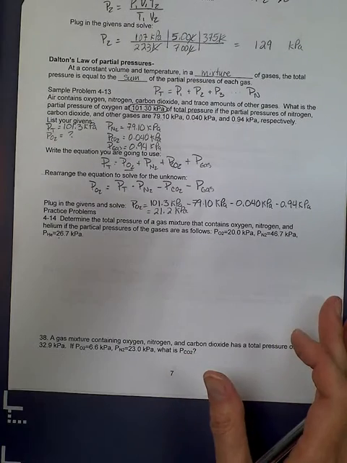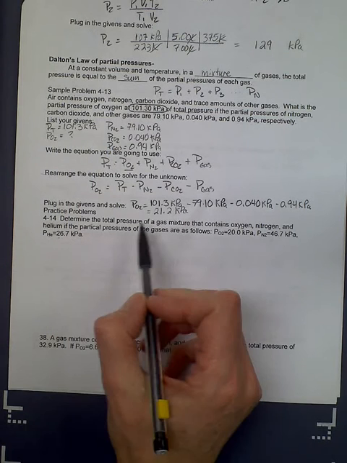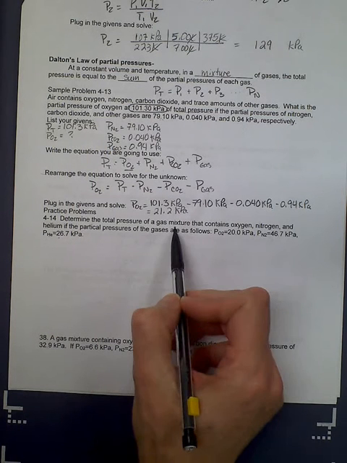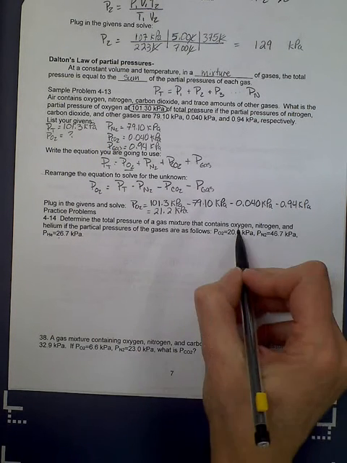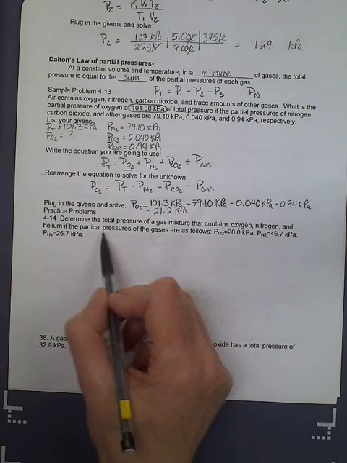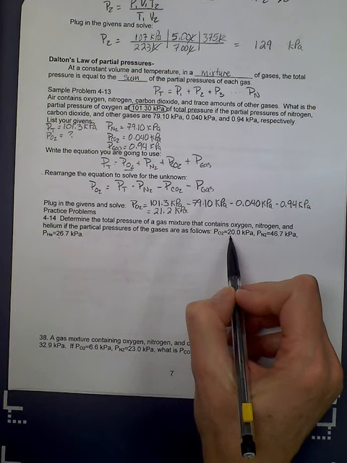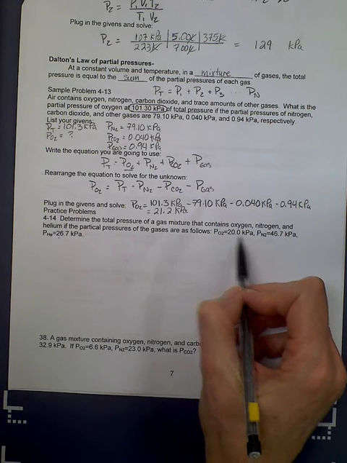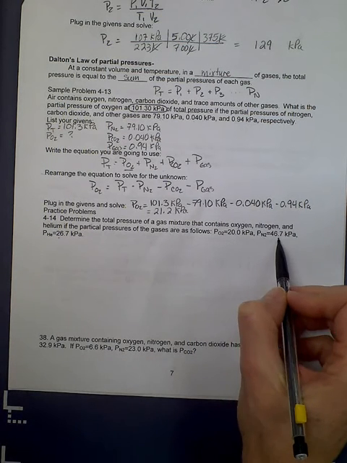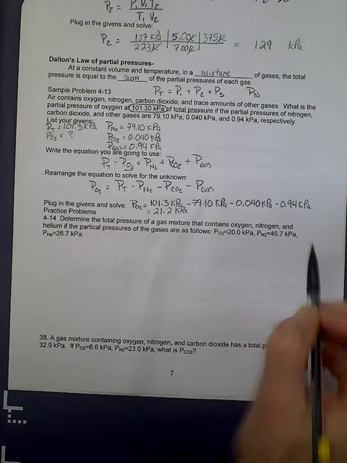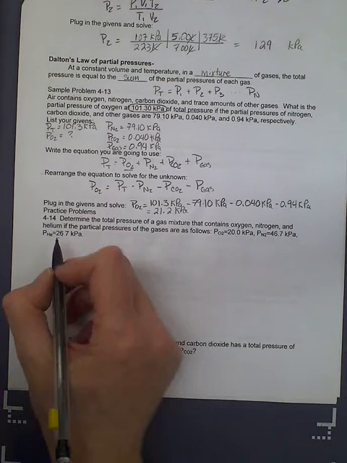So let's try a practice problem now. 414. Determine the total pressure of a gas mixture that contains oxygen, nitrogen, and helium if the partial pressures of the gases are as follows. So our pressure of oxygen is 20 kilopascals, our pressure of nitrogen is 46.7 kilopascals, and helium is 26.7.